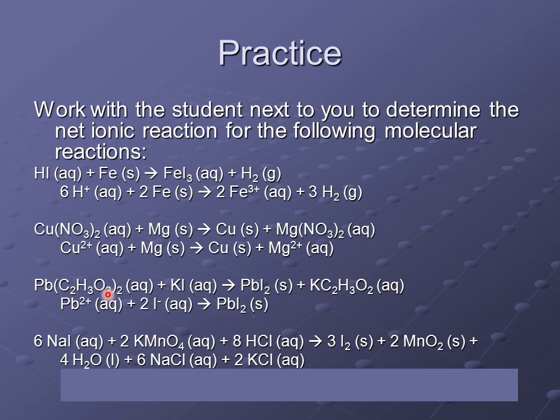The potassium ions and your acetate ions are always going to be spectator ions, well, no, they won't always be spectator ions. I just thought of an exception. Anyway, if you actually write out the complete ionic equation and then cancel out, you'll notice that you have acetate ions on both sides and potassium ions on both sides.